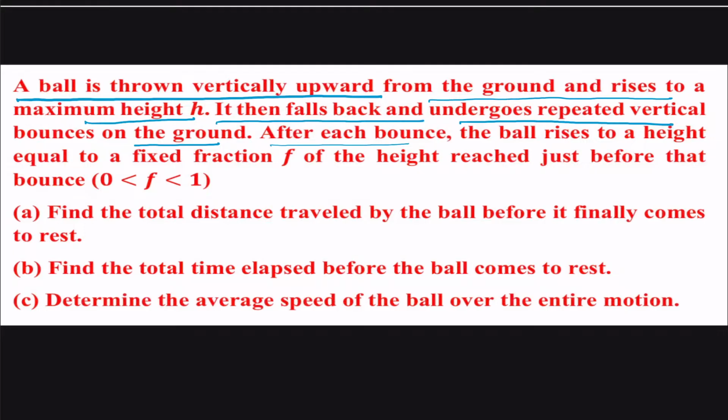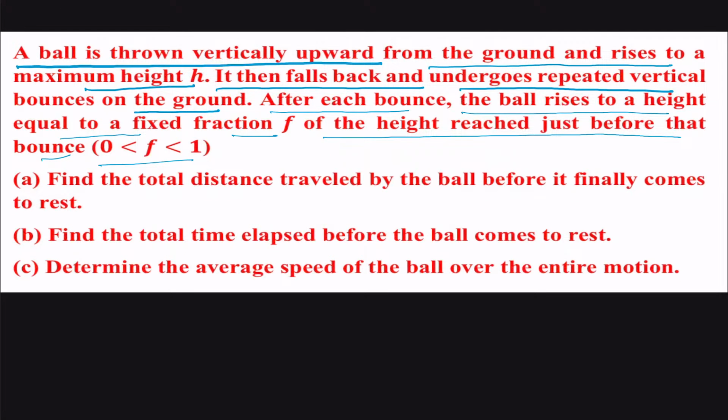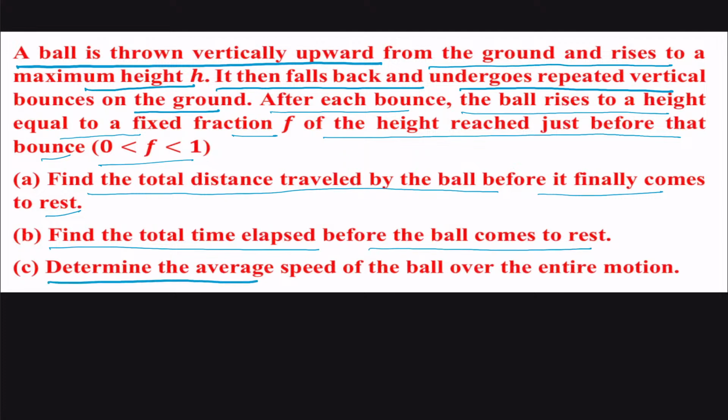After each bounce, the ball rises to a height equal to a fixed fraction f of the height reached just before that bounce, where the value of f lies between 0 and 1. So part A, find the total distance traveled by the ball before it finally comes to rest. Part B, find the total time elapsed before the ball comes to rest. And part C, determine the average speed of the ball over the entire motion. So this is the basic question.